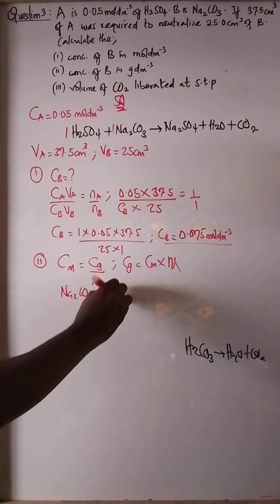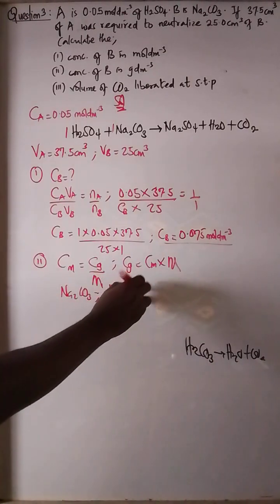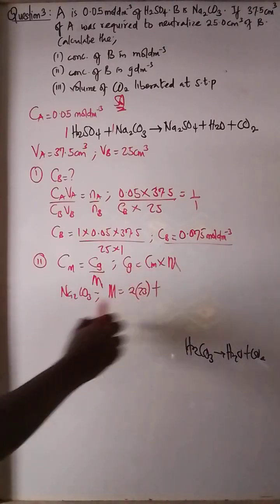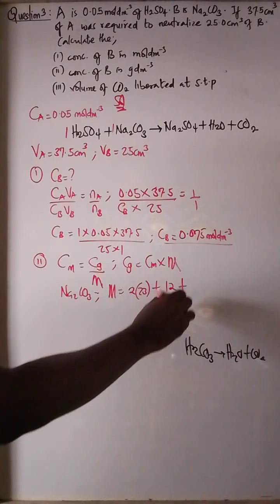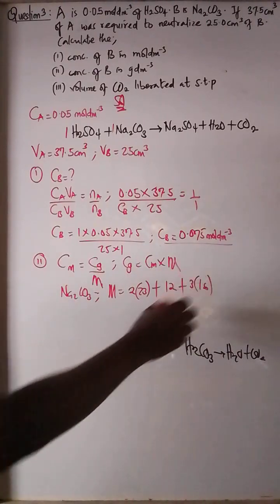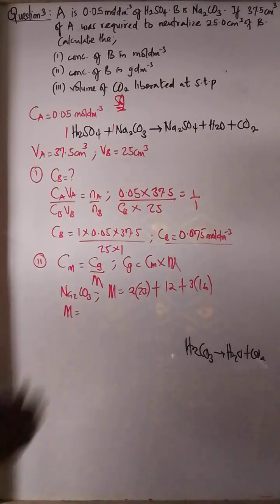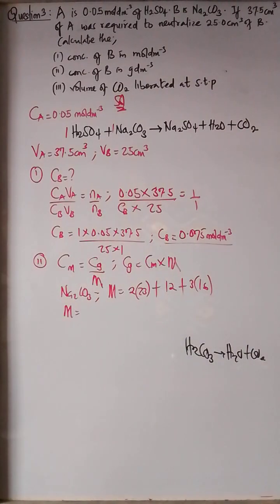Its molar mass: we have 2 sodium, which is 23, 1 carbon, which is 12, and 3 oxygen, which is 16. At the end of the day, we get the molar mass of sodium carbonate to be 106 gram per mole.